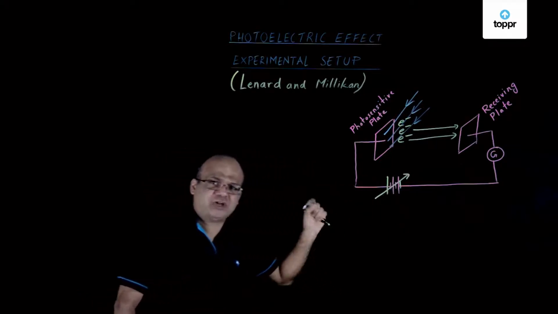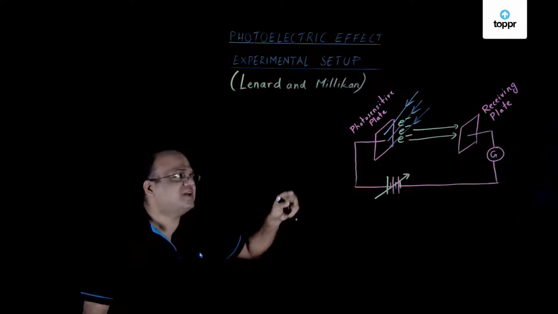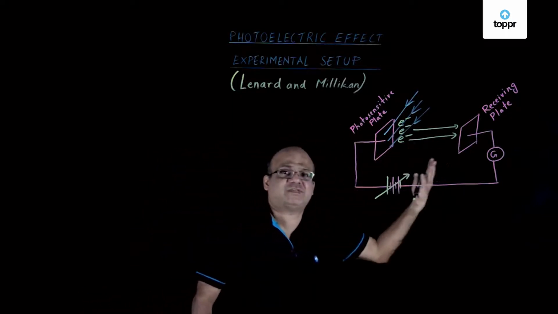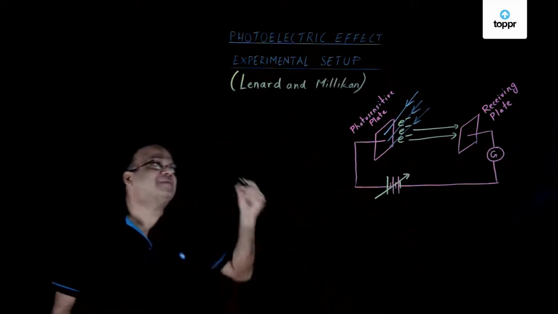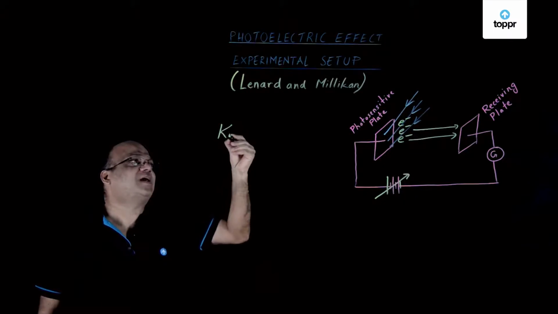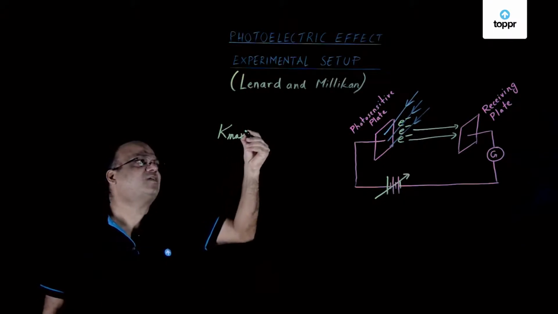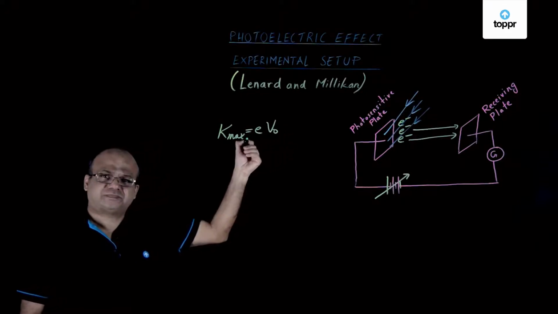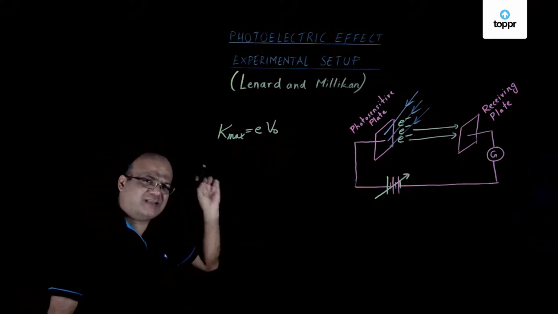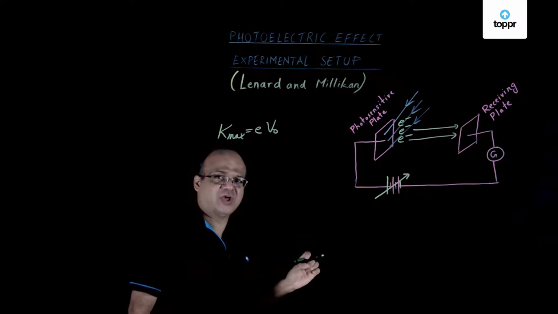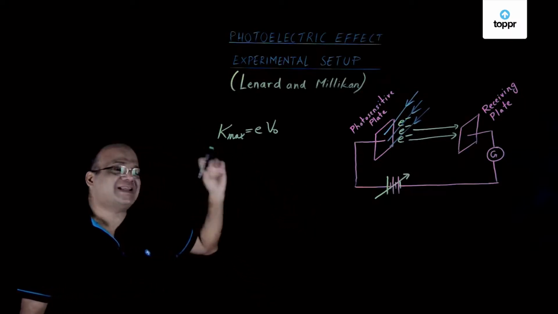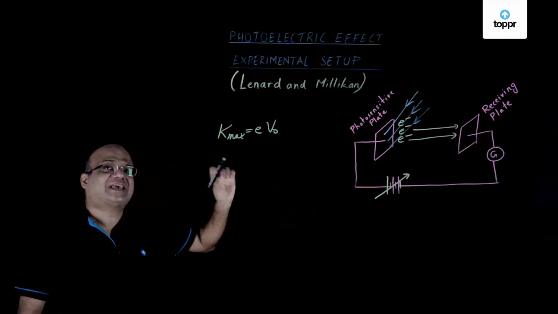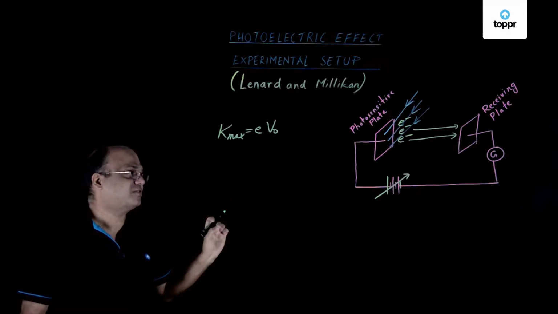This stopping potential is a measure of the maximum kinetic energy of the photoelectrons. K max will be given by the charge of electron multiplied by stopping potential. So by measuring the stopping potential, we are getting an idea of the K max of photoelectrons.